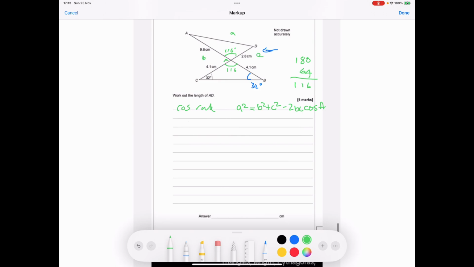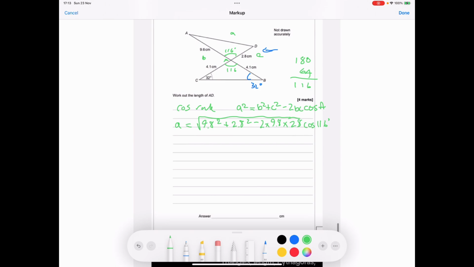So we can do a equals a big square root, and then b squared, so that's 9.8 squared plus 2.8 squared minus 2 times 9.8 times 2.8 cos 116. Now that I've got my calculator back into its original form, it should all work.